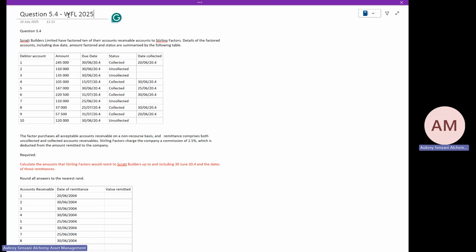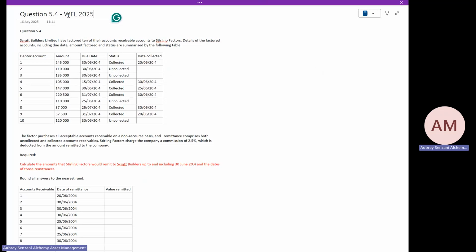Round all answers to the nearest rand. Okay. Scrap Builders Limited have factored 10 of their accounts receivable accounts to Sterling Factors. Details of the factored accounts, including due date, amount factored, and status, are summarized by the following table.